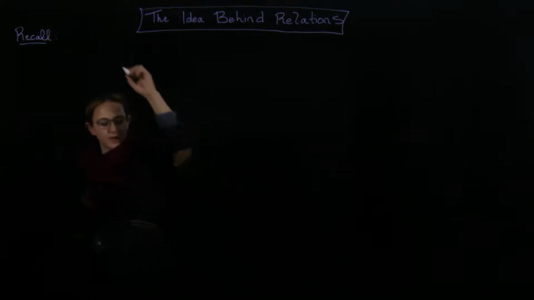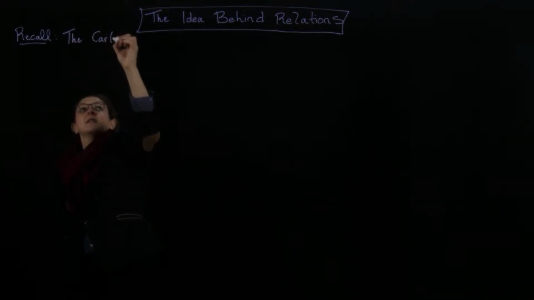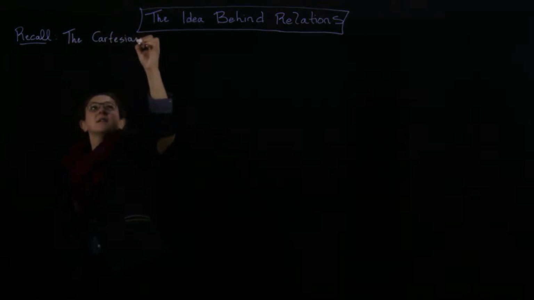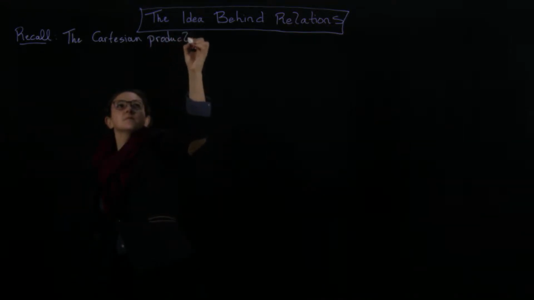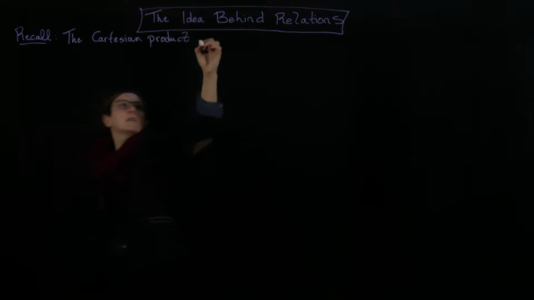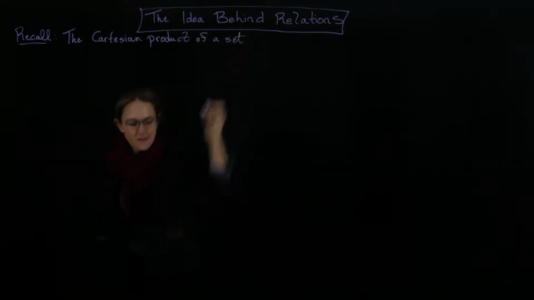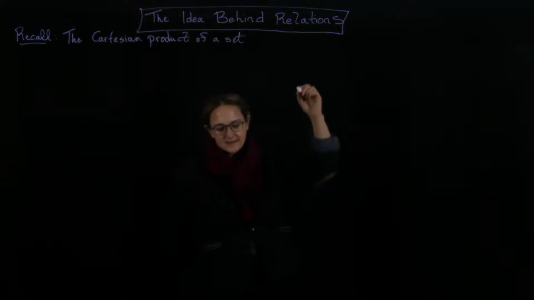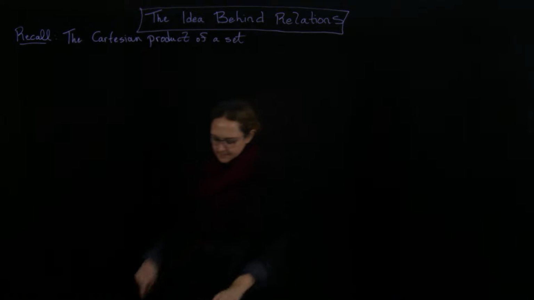So the Cartesian product of a set A with itself, we're going to do it this way.